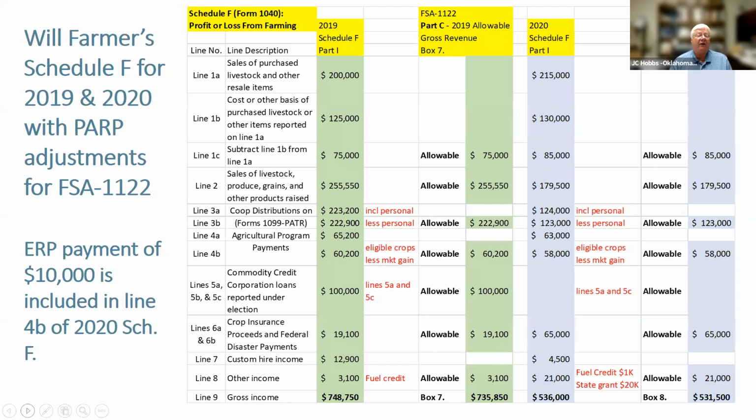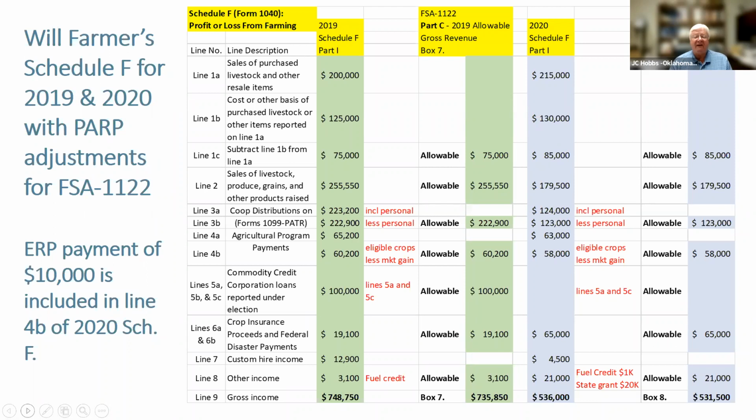Now, custom hire: when you look at the form, the 1122, turn it over, look at the instructions, line 7 items are excluded completely. Custom hire income, anything that would show up in there, is not allowed. Other income, line 8, the fuel credit is going to be fully allowed.